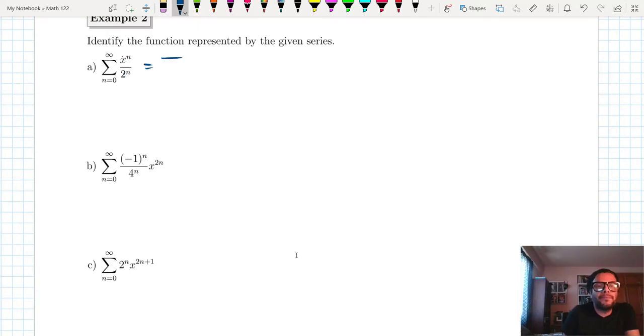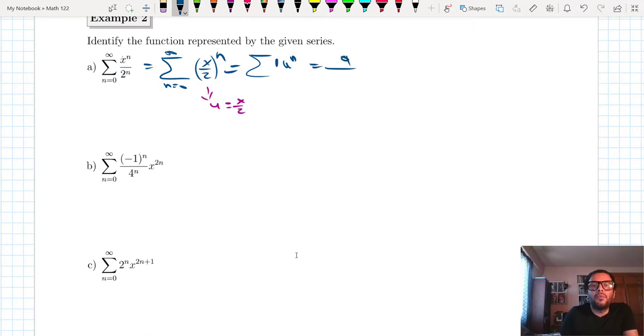How? Well, the trick is, if we write this as x over 2 to the nth power, we are going to have u equals x over 2. So sigma of u to the n with a 1 in the front, this is our a, over 1 minus u.